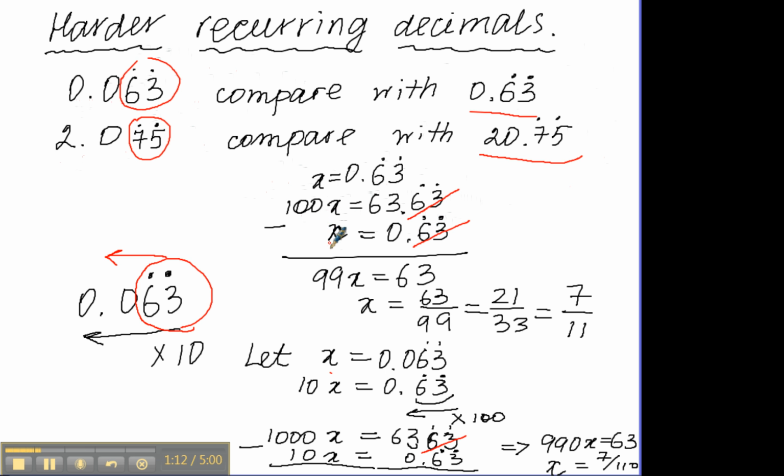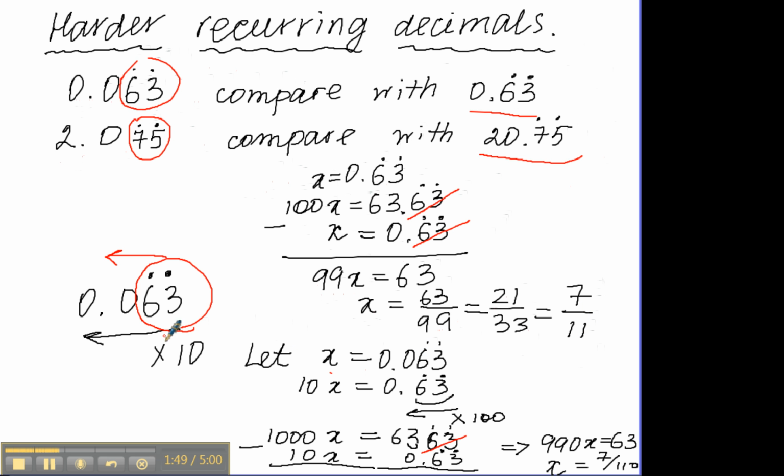Then we would subtract x from 100x, so we subtract 0.63 recurring from 63.63 recurring, and that would give us 99x on the left side and just 63 on the right side, because all those infinite numbers of 6s and 3s would go away. Then we divide 99x equals 63 by 99 both sides, and we get x equals 63 divided by 99. Then we simplify and we should come to 7 over 11.